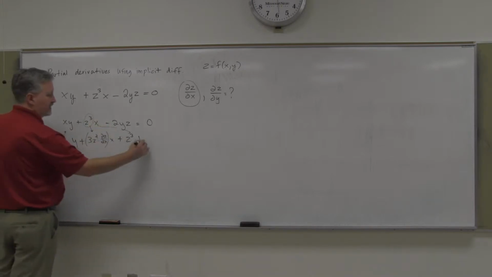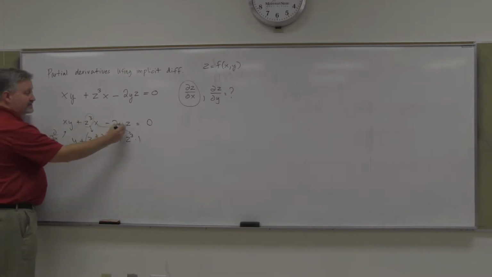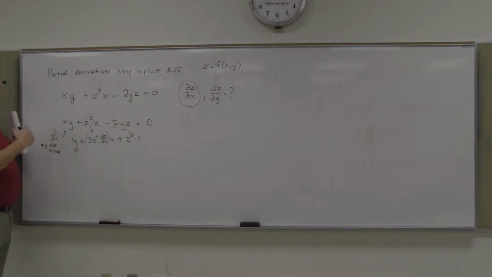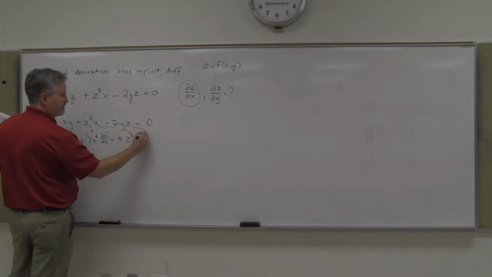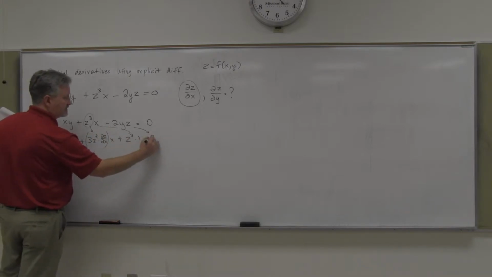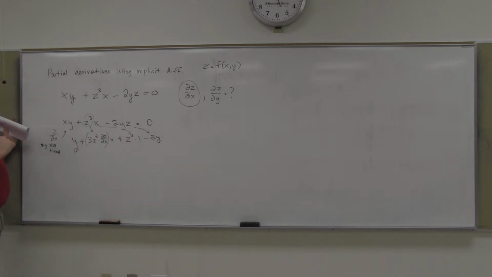Now the last term there, I don't have product rule because, like we said, the y is fixed, so it's basically just like the 2, right? And so what would be the derivative we would put for that one? Do the partial with respect to x, so it'd just be minus 2y times whatever the derivative is for z, right?